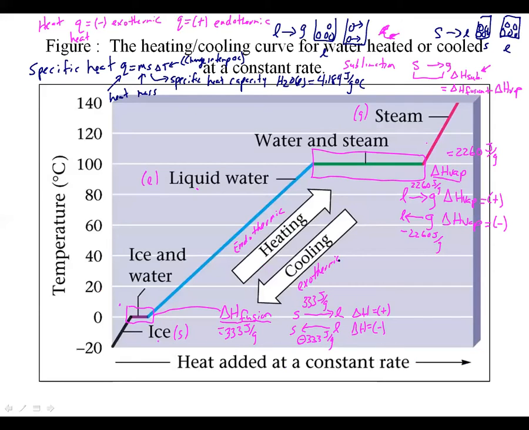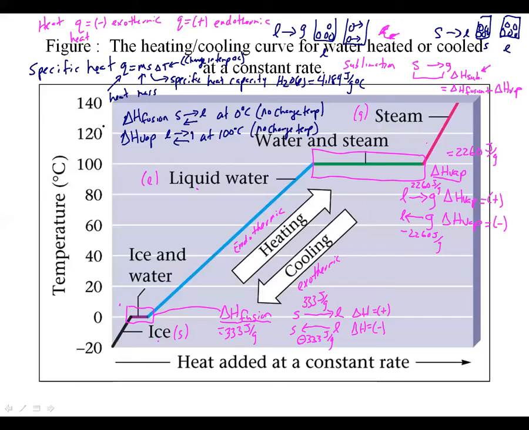So our delta H of fusion and vaporization is used only for changing phases. When we have delta H of fusion and we want to use it, it is specifically only for going from solid to liquid or backwards, at 0 degrees Celsius for water. Again, no change in temperature. While our delta H of vaporization is the same deal, going from liquid to gas or backwards, and for water, specifically at 100 degrees Celsius, no change in temperature.